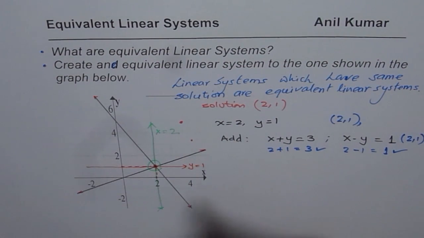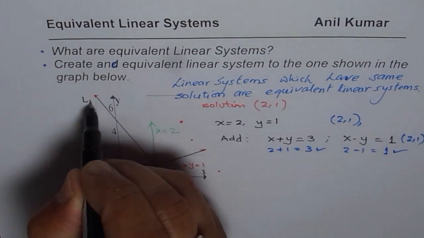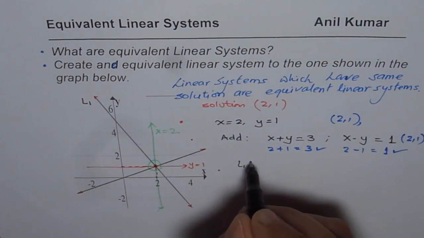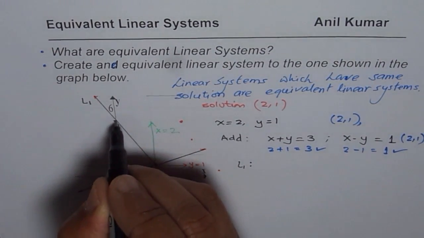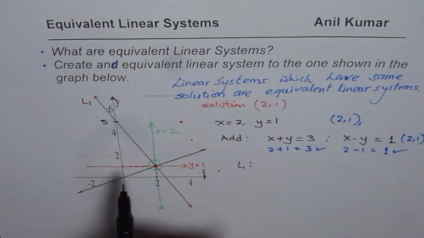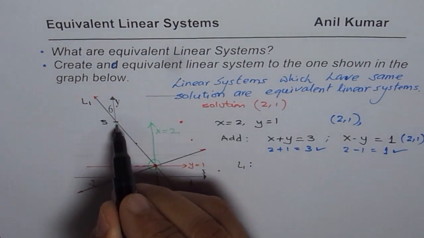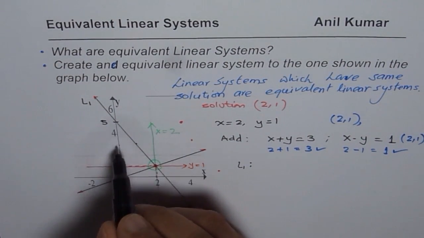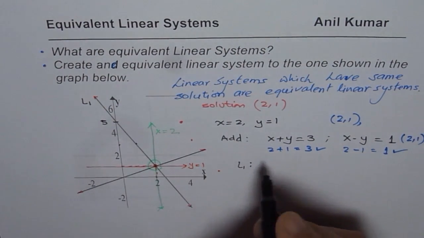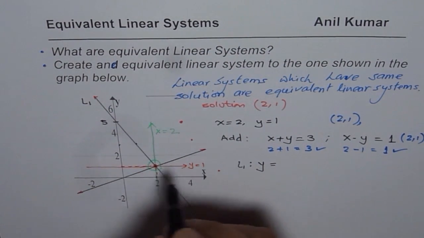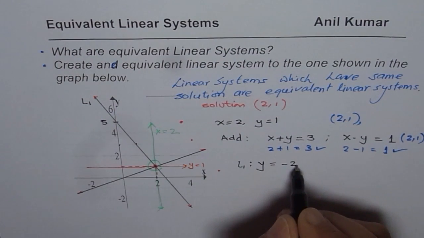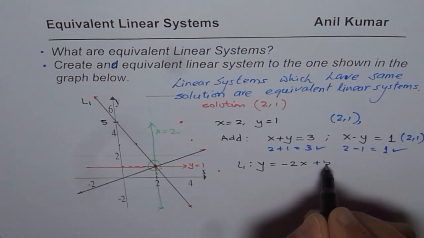Now let's get back to the question once again. Let me write down the equations of these lines. Let's call this line 1. Line 1 has a y-intercept of 5. The slope is, if I consider this line, you go down 2, that means rise is minus 2, run is 1. So we can write this equation as y equals minus 2x plus 5.